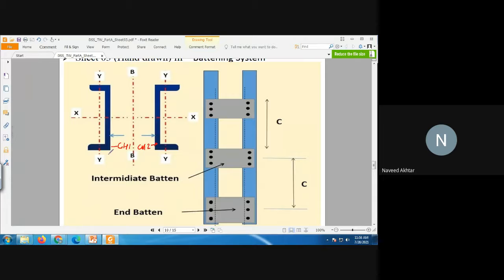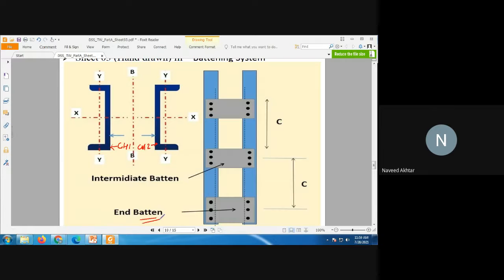Okay, so two channels are provided or attached with the battening plates, horizontal plates. So these horizontal plates are called the battens. Because the batten at the bottom is at the end, it's called an end batten. Similarly, at the top, the second batten is an end batten.